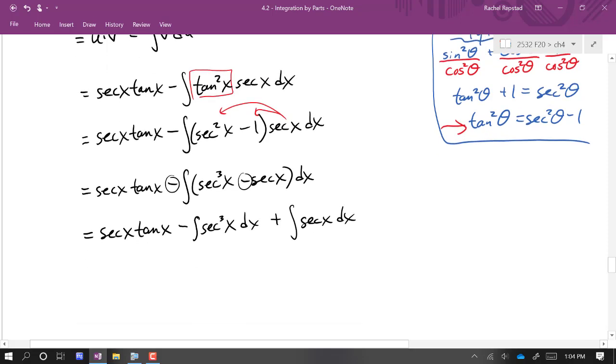We know the integral of secant x. That's one of the formulas that we don't need to memorize or anything, so I'm going to throw that in. So now we have secant x tan x minus integral secant cubed x dx plus ln of absolute secant plus tan.